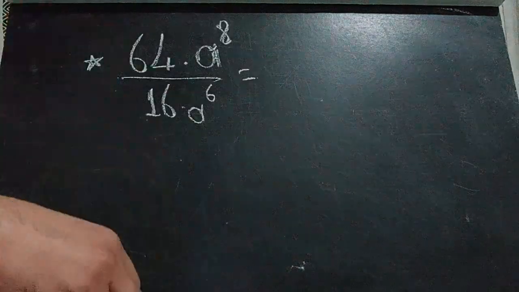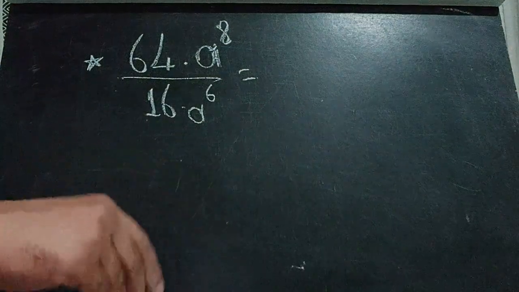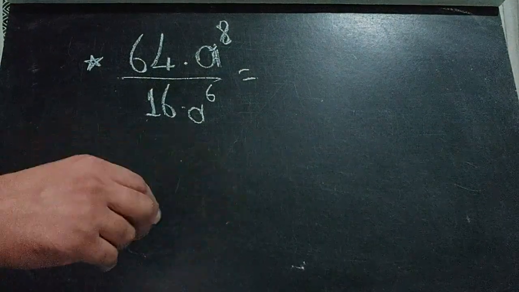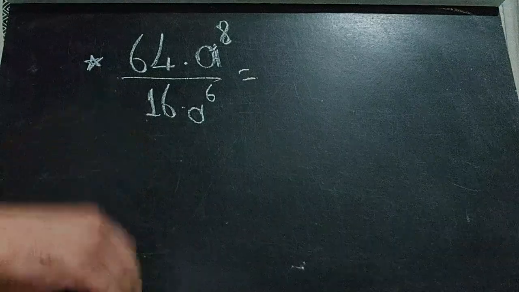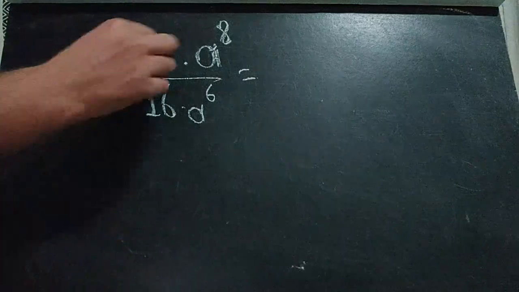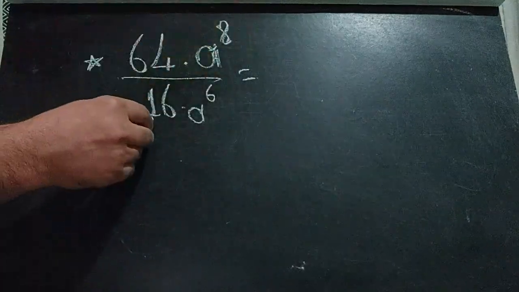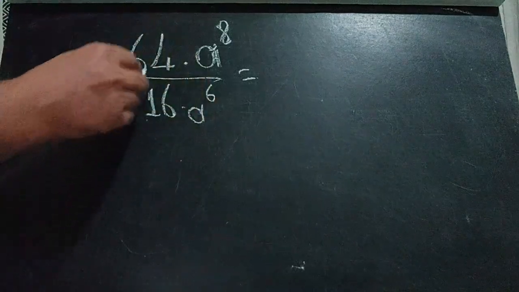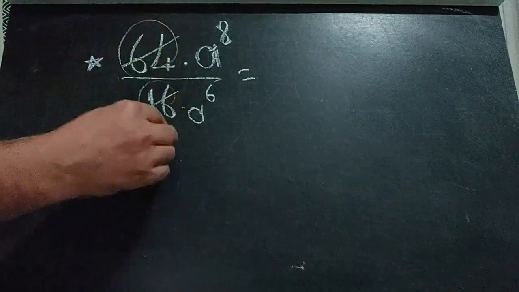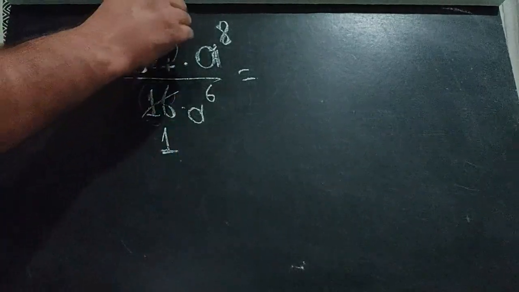So now I gave you all the properties. I'm going to solve mixed questions using all those properties. So for example, if I have a question like this, 64 times a power 8 over 16 times a power 6. You simplify this and this first. 64 divided by 16 is 4, and 16 divided by 16 is 1.